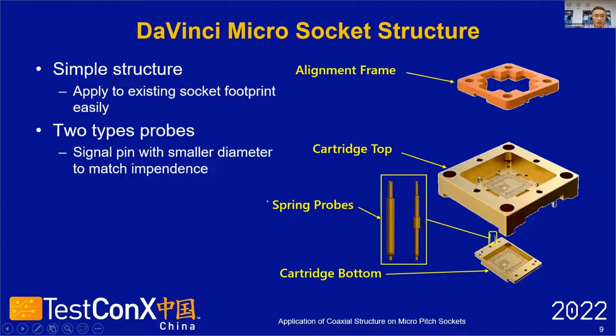We have used two types of probes: one pin for the signal, another pin for the power and the ground. The DaVinci signal pin matching the system impedance is key for the socket performance.